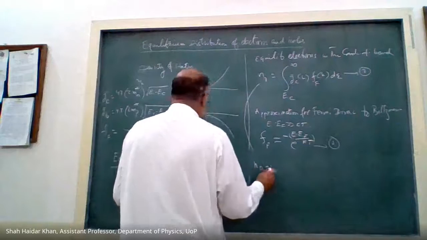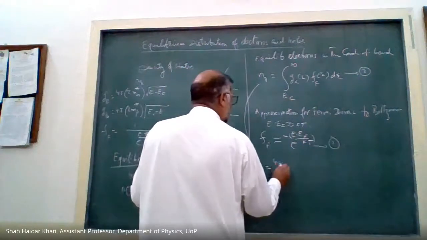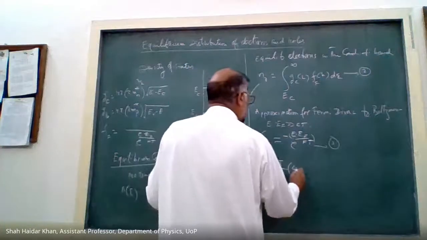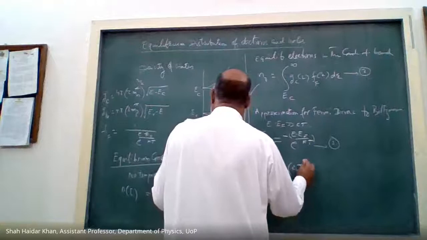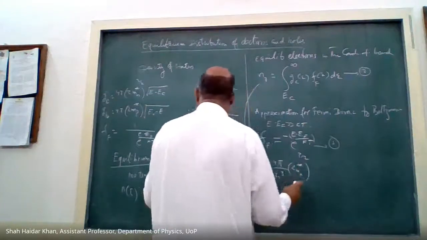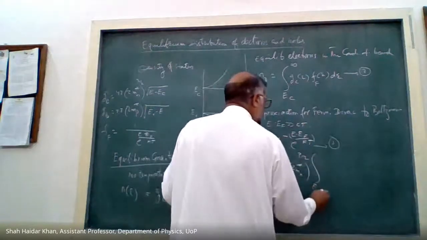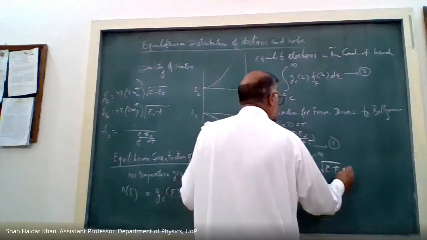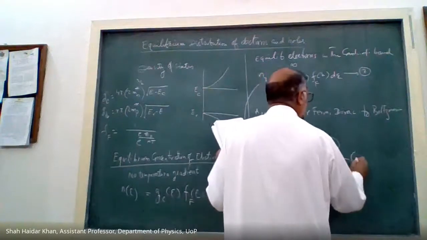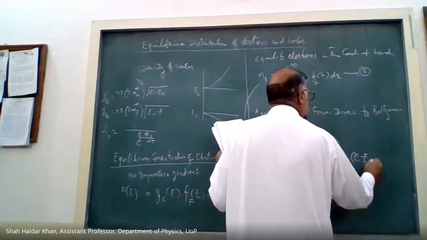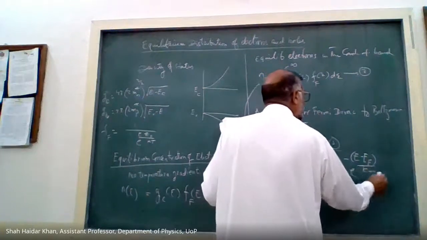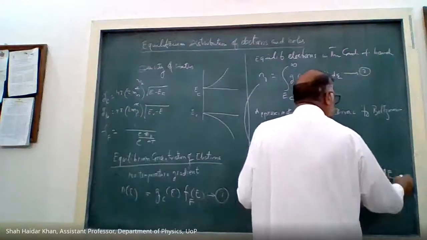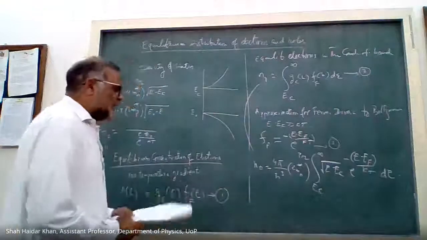Okay, n naught is equal to 4 pi (2 Mn star) to the power 3 by 2 over h cube, integral from EC to infinity of square root of E minus EC, e to the power minus (E minus EF) over KT, dE.